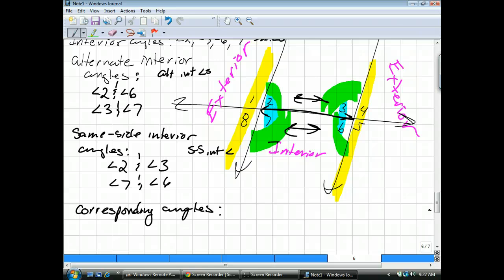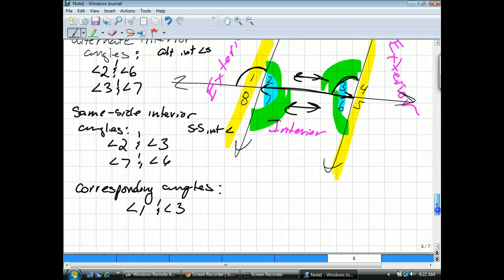So for instance, angle 1 is above, or we'll say to the left of the line and above the transversal. Angle 3 is to the left of the line and above the transversal. So we would say angle 1 and angle 3 are corresponding angles.